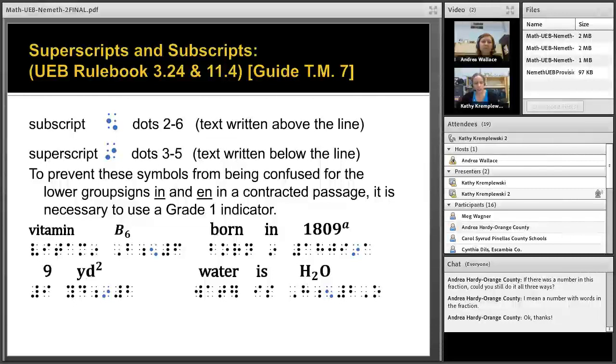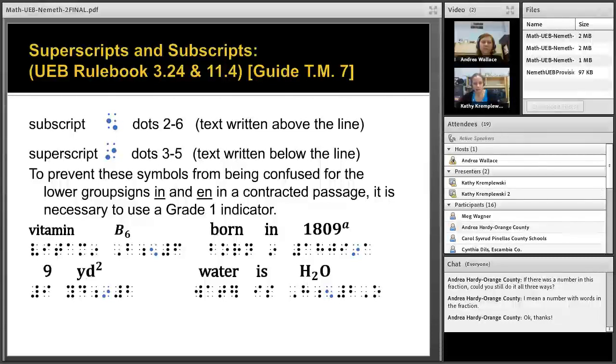So if we look at vitamin B6, you've got the capital B, and then so that's not read as EN, you have to have the grade 1 symbol indicator. You got that, and then you've got your subscript sign and the number sign 6.